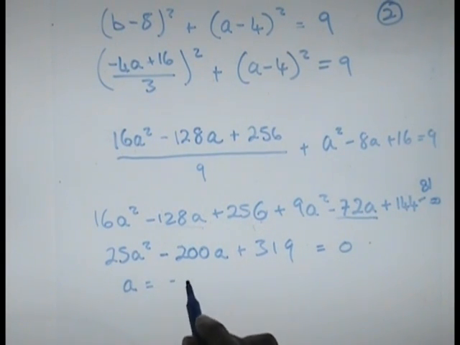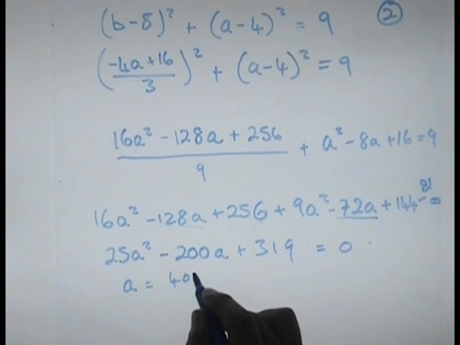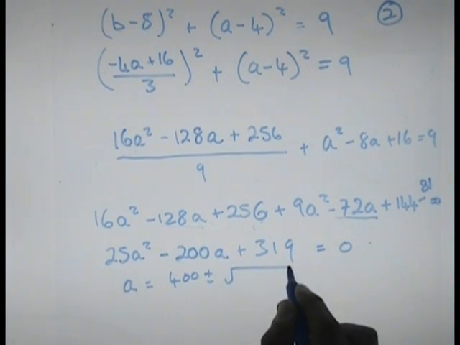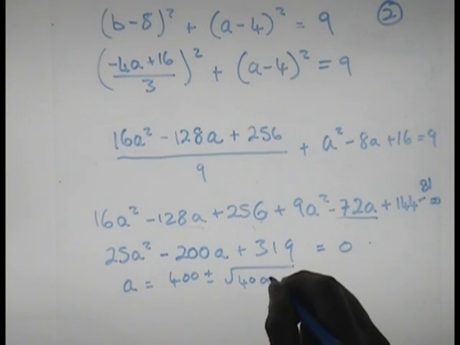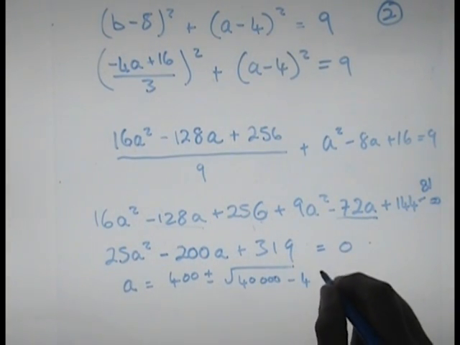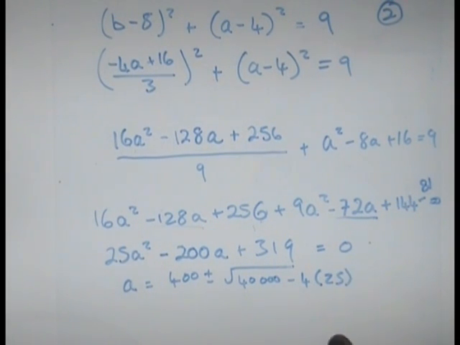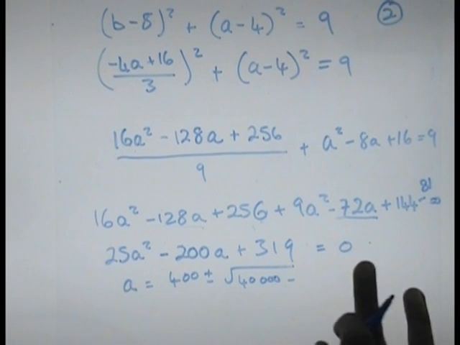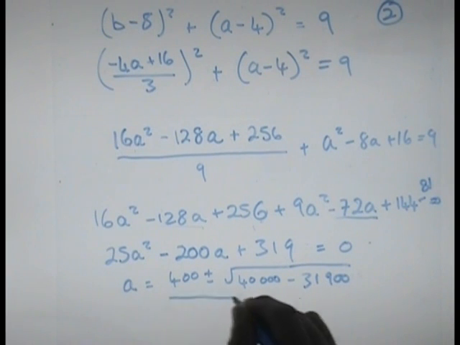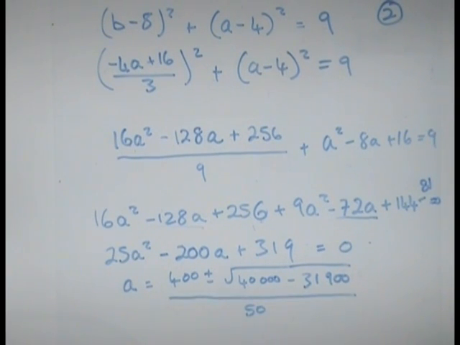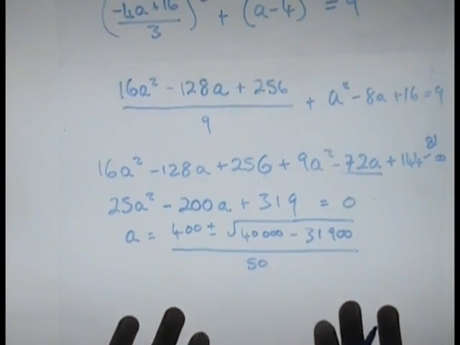A is equal to minus B, which is minus 200, which is positive 400, plus or minus the square root of B squared, negative 200 squared, which is equal to 40,000, minus 4AC. 4 times 25 is 100, times C, 100 times 319 is 31,900. All of that over 2A, which is over 50.